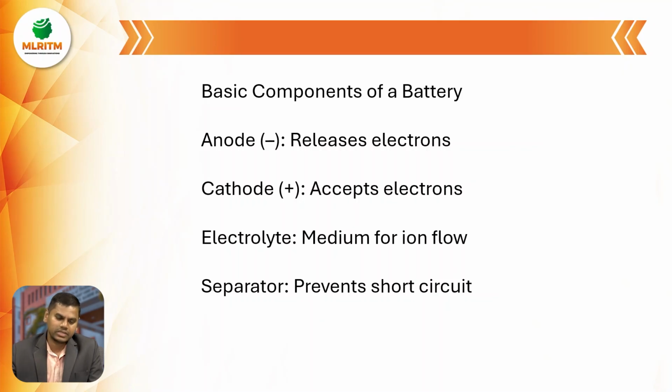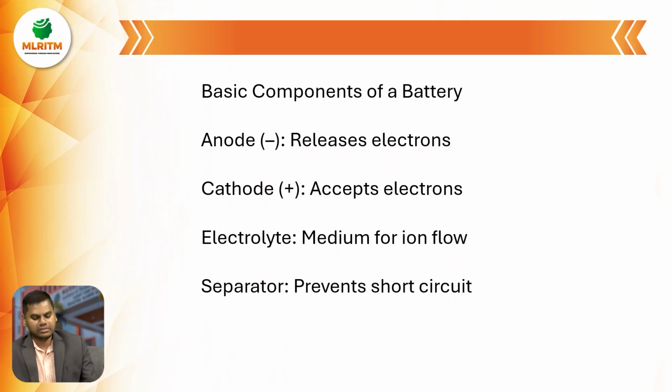The electrolyte is the medium for ion flow. And last one, the separator prevents short circuit. So these are the basic components of the battery: anode, cathode, electrolyte, and separator.